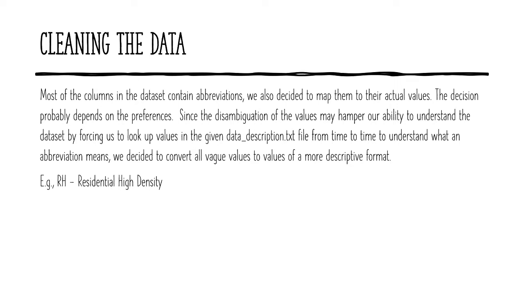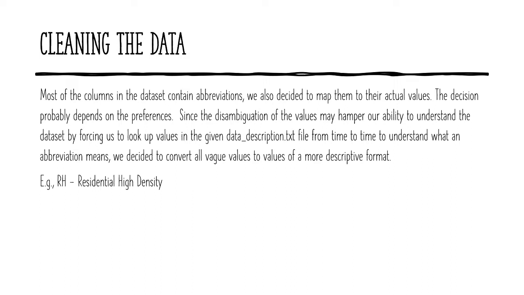It also depends on preferences. You may choose to keep the abbreviations, but in our group, we decided to map them to the actual values because the abbreviation of the values may hamper our ability to understand the dataset.